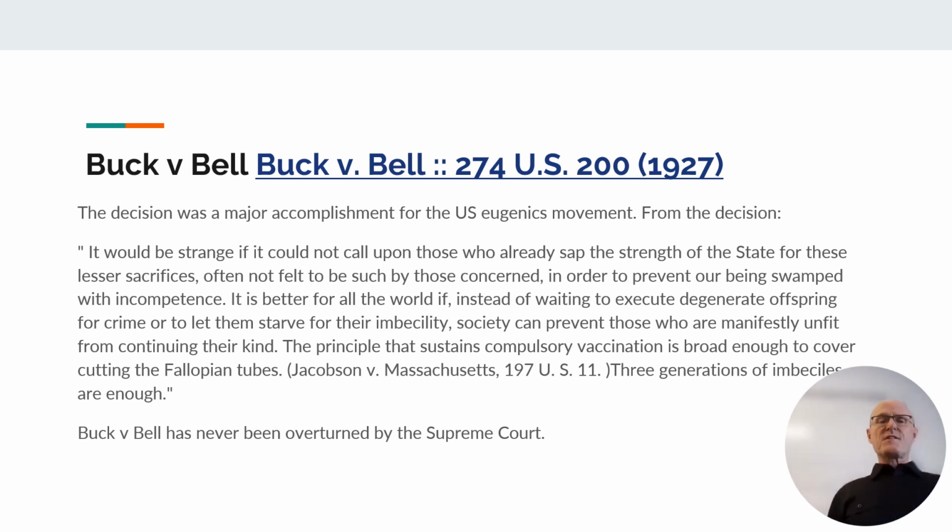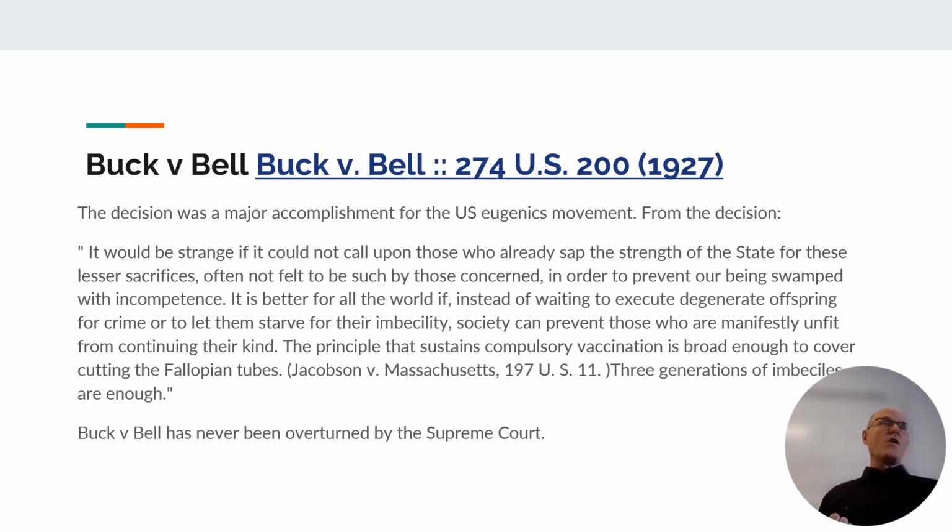"The principle that sustains compulsory vaccination is broad enough to cover cutting the fallopian tubes. Three generations of imbeciles are enough." So that was Justice Oliver Wendell Holmes, who is sometimes cited as a kind of liberal. But that doesn't seem like a very liberal view, right? That seems a pretty shocking conservative view.